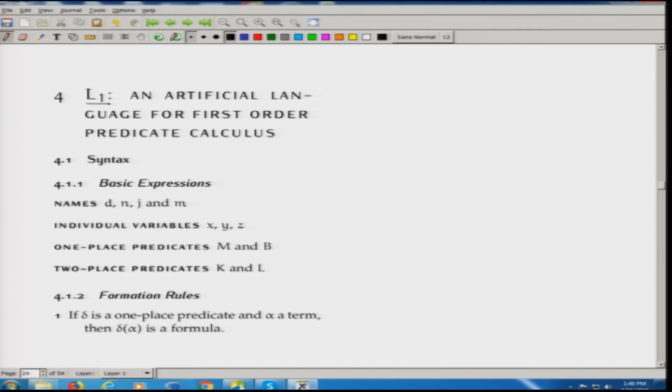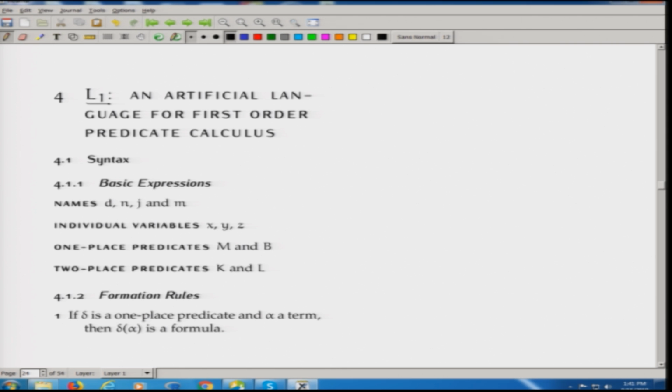Today, I hope we can talk about a few rules of the first part, that is L1, an artificial language. We cannot perhaps go to the natural language counterpart of it, but we need to do the artificial language today.